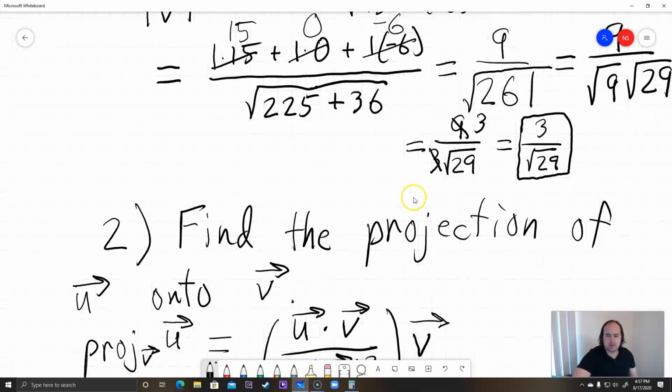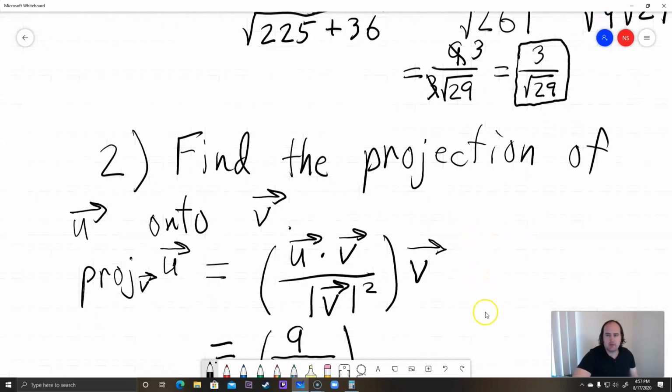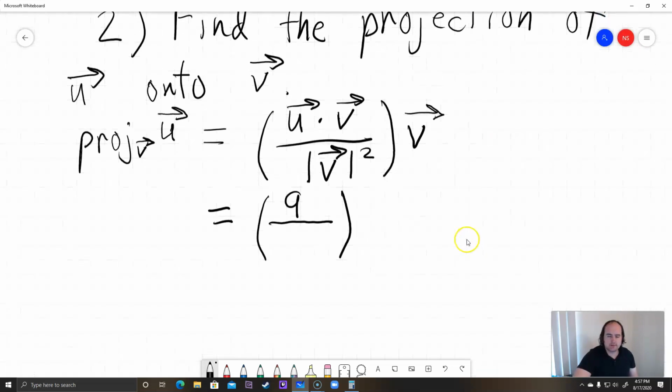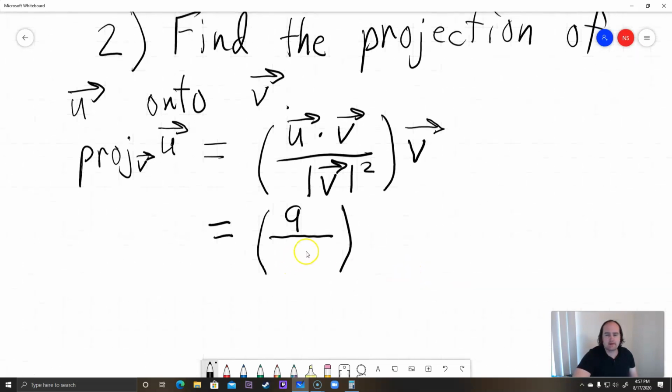So we can plug in 3 root 29 if you want, or even easier maybe is to plug in the square root of 261 and then just go ahead and square it. Either way is fine. I'm going to just plug in the square root of 261 because I know that I'm going to square it anyway, so there's no need to simplify the square root. So we're going to have the square root of 261 squared, and then we have all this times vector v.